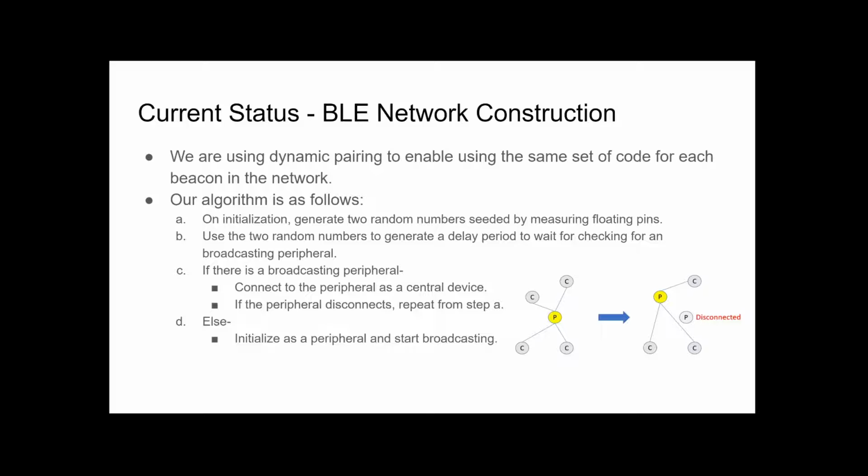Then, based on whether it exists or not, it initializes the node as the peripheral if the peripheral is not already present, or as a central device to connect to a peripheral and listen. Whenever a peripheral device of the network disconnects, all of the nodes will run through this algorithm once more in order to reestablish the network with a new peripheral.